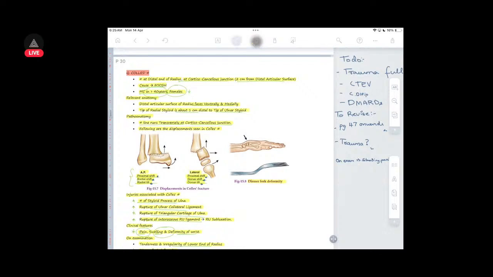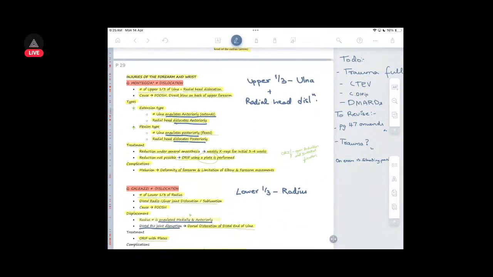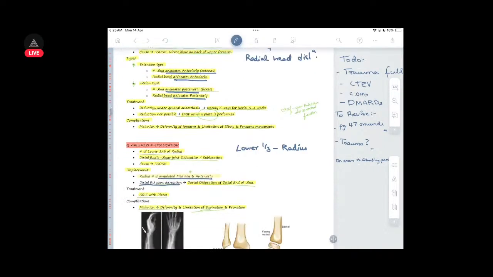Just a second. This was upper third of ulna and radial nerve, which is Monteggia.